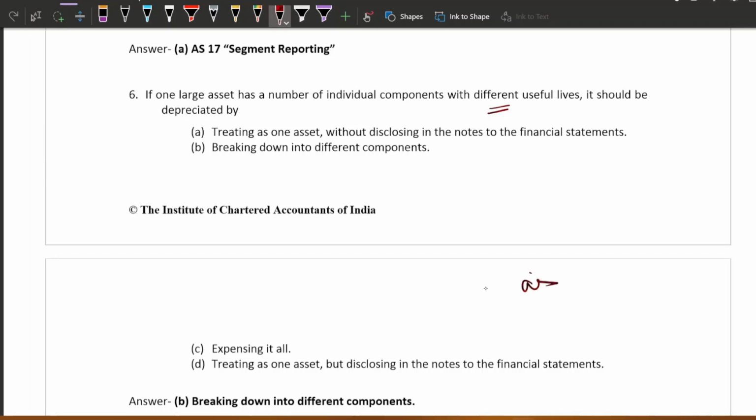Like you have an airplane. The airplane might have a useful life of 20 to 30 years, but the engines will need replacement every 5 years. So the best course of action would be to break them down into different components. Separately note down airplanes, separately note down engines, and then depreciate them separately.